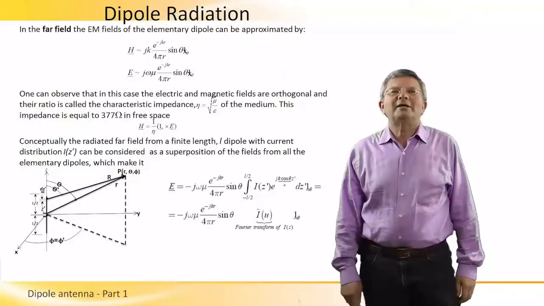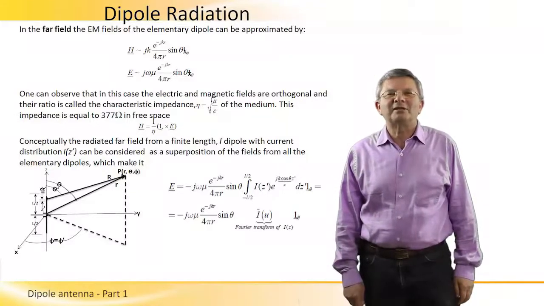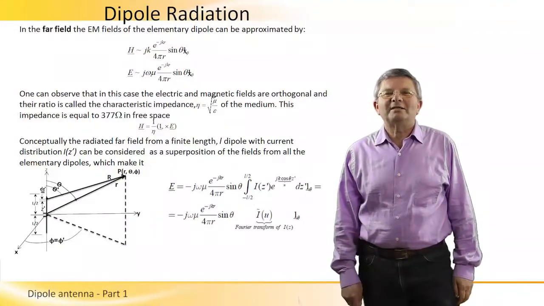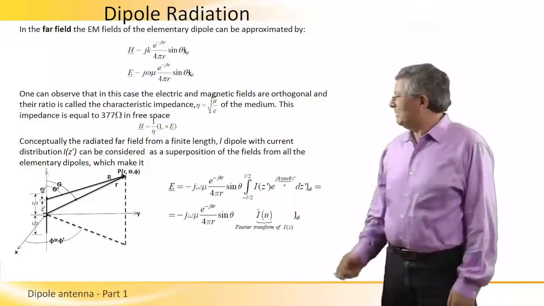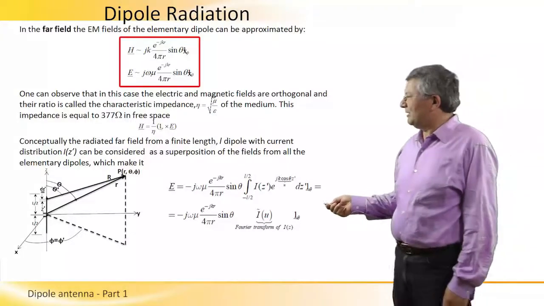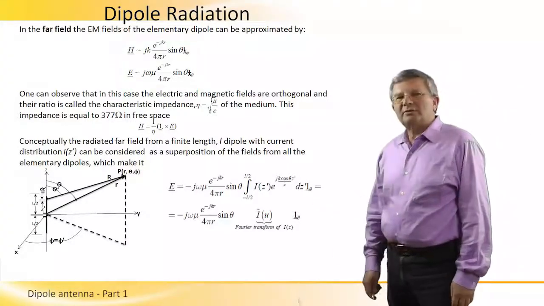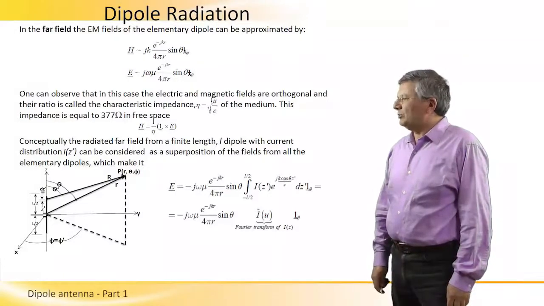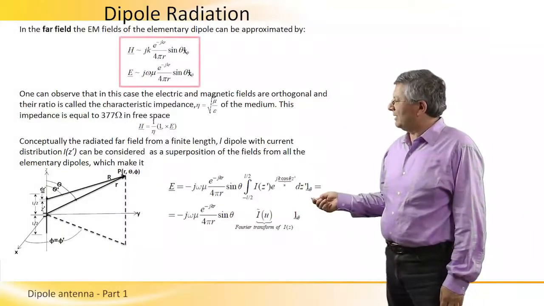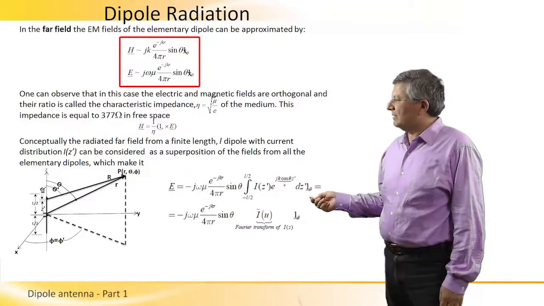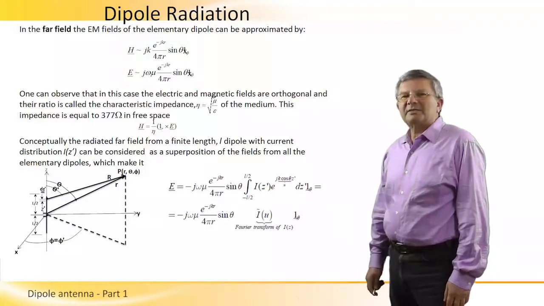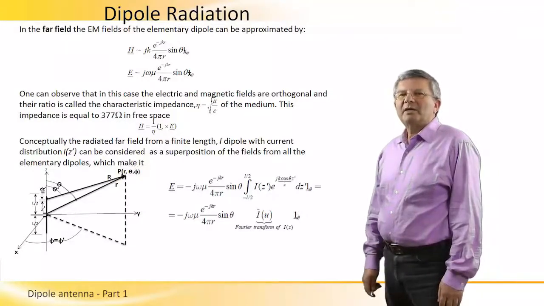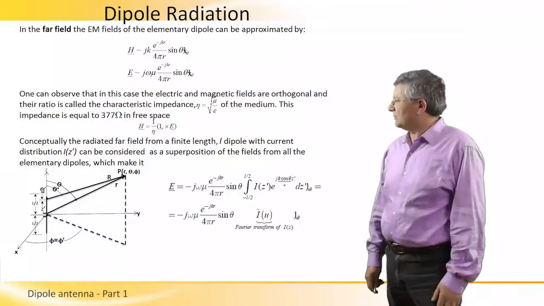Now let's go to the far field of the electromagnetic fields of the elementary dipole. In this case, the electric and magnetic fields can be approximated by those two expressions, H and E. What's interesting to note is that the amplitude dependence is 1 over r with the phase delay e to the minus jkr, and e to the minus jkr over 4 pi r represents a spherical wave propagating from the source.